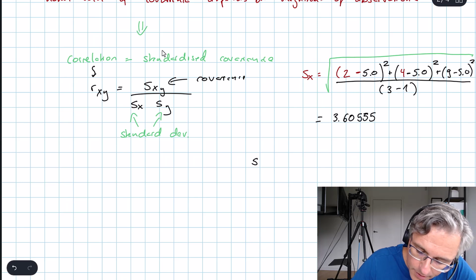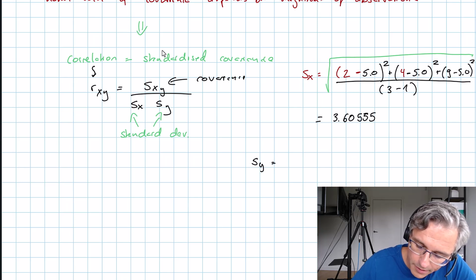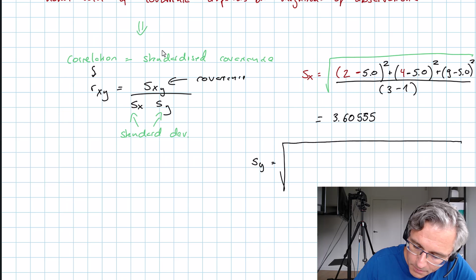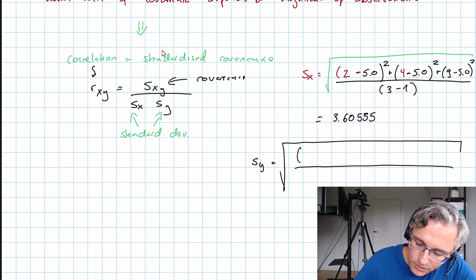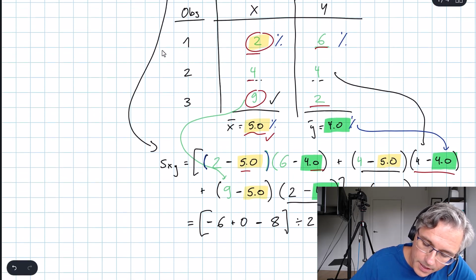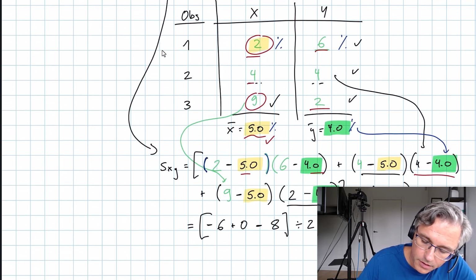What about the standard deviation for y? Well, once again I will construct a big fraction. I'm giving myself a little bit more space here and do the same thing, but with the y values. We'll have 3 lots of these parentheses where we will stick in the actual values taken on by y and deduct their mean.